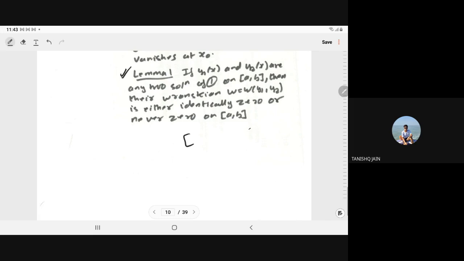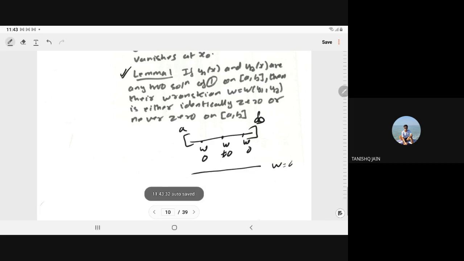Means on AB we cannot say at this point W is zero, at this point W is not zero. If the Wronskian is zero over all of AB, for all points x between A and B, W is equal to zero, or for all points W is not equal to zero.